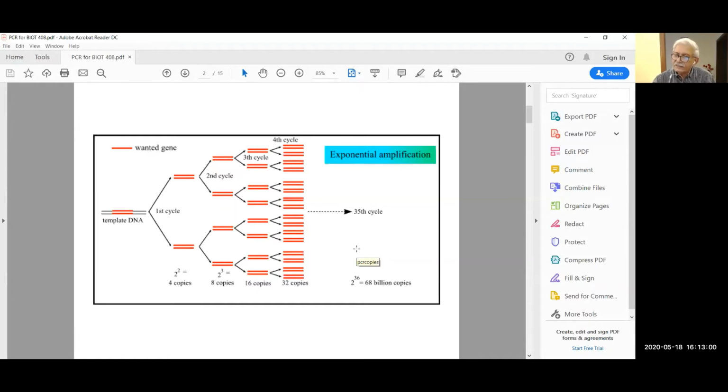But as a standard, you can think that it's 40 cycles per PCR reaction, okay, which is normally done in the laboratory. And I hope that you understand what is 2 raised to the power n. 2 is the doubling with every cycle, and n represents the number of cycles. 2 here, 3 here, 4 here, 5 here, and so on. Okay?